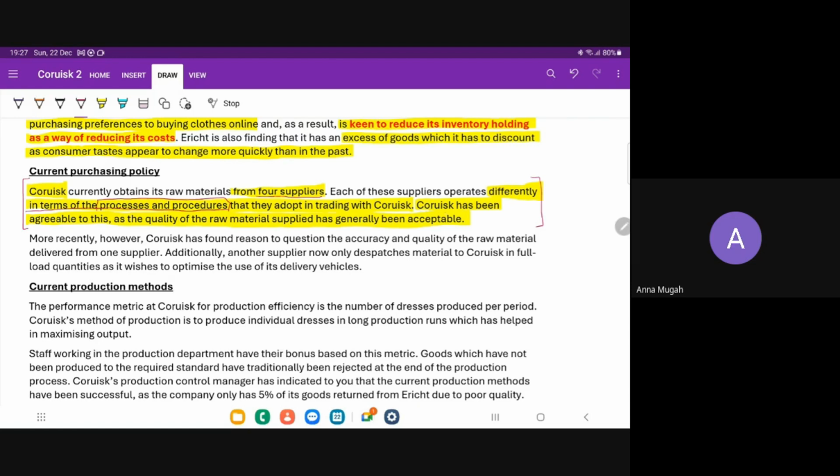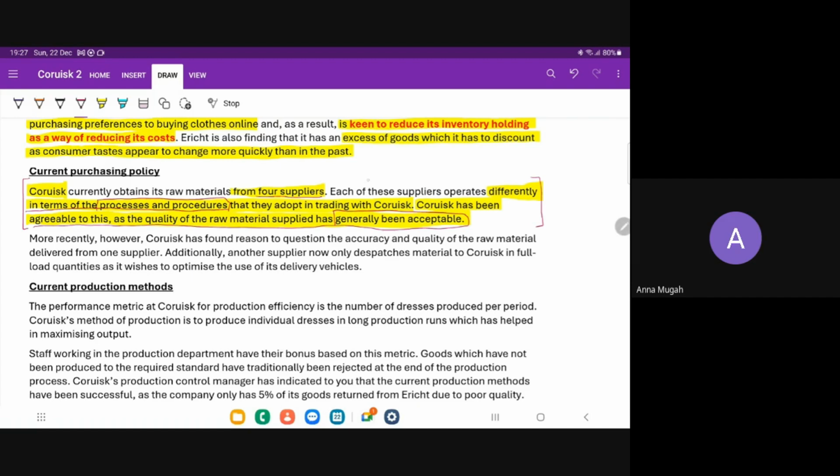Second thing is that Corsic has been agreeable to this as the quality of the raw material supplied has generally been acceptable. In general, it is acceptable, right? It's not always acceptable. It's not always up to the mark, but then okay, fine. Generally, it's fine is not a 100% perfect thing, right? So there are 2 things.